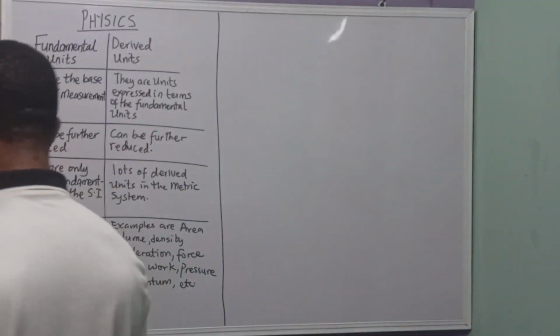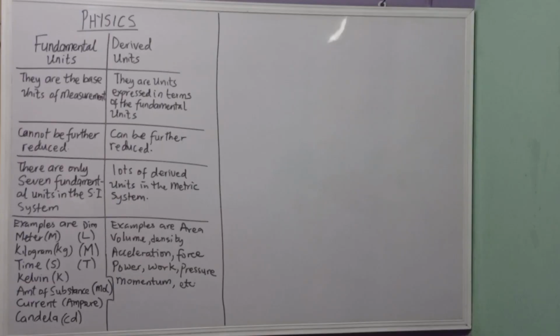Now, for dimensions of physical quantities, there are 3 basic ones which we'll be using: the meter, which is dimensioned as length, the kilogram, which is dimensioned as mass, and time, which is dimensioned as time.